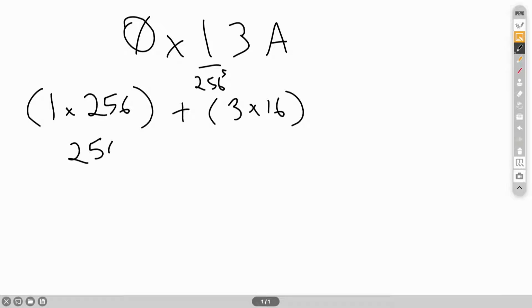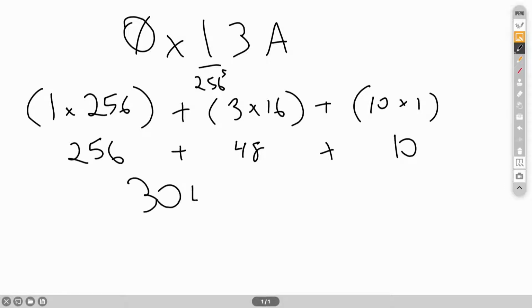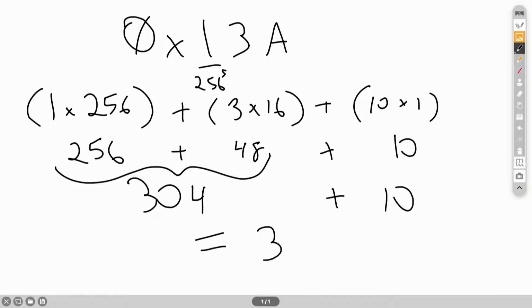So here we have 256 plus 48, plus A is 10. So 10 times 1, which is 10. So 256 plus 48 is 304. If I did my math correctly there, hopefully. 304 plus 10. I believe that is 314.